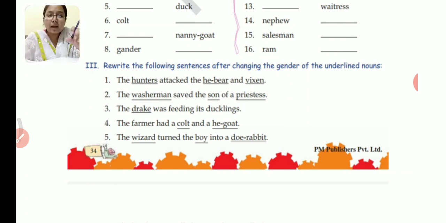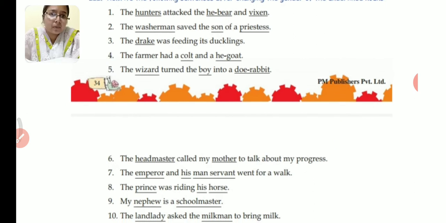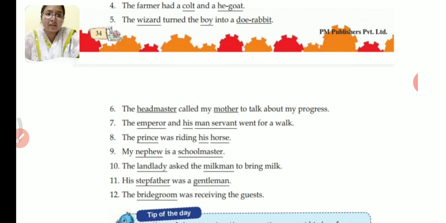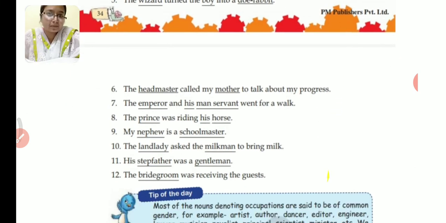Here washerman, son and priestess are underlined. So what will be the feminine of washerman? Washerwoman. Son, daughter, and priestess will be priest. And similarly you have to do the rest of the exercises in the same manner.